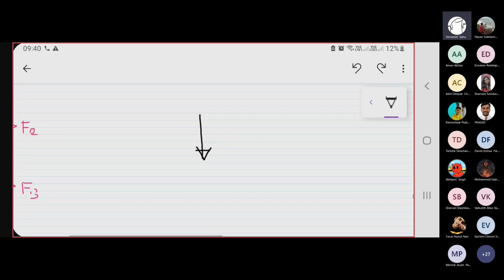One force is acting on this bar. So if I want to transfer this force from this point A to point B, what I have to do? I have to draw a force here, and then in which direction it is moving? It is moving in clockwise direction. So I have to add a moment.